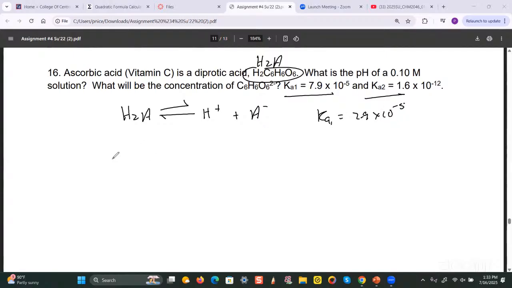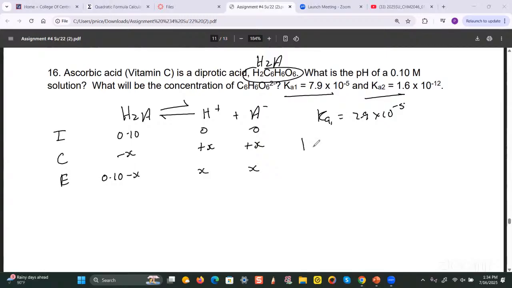Initially, we have 0.10 M of the H2A. Here we're going to have 0, here we're going to have 0. The change is minus x for the H2A, plus x for the H plus, and plus x for the A minus. So at equilibrium, you're going to have 0.10 minus x, here x, and here x.